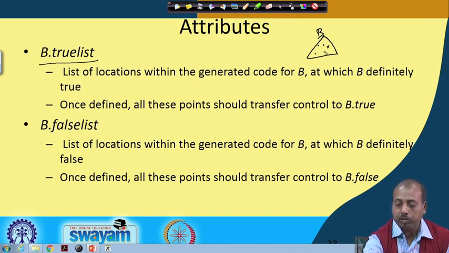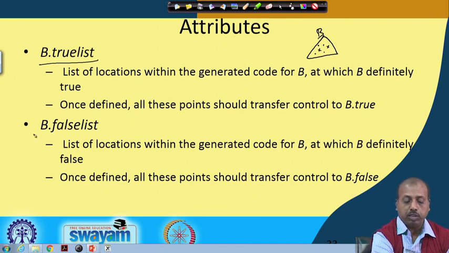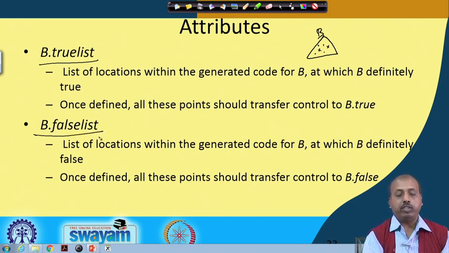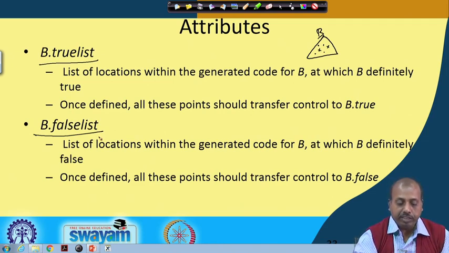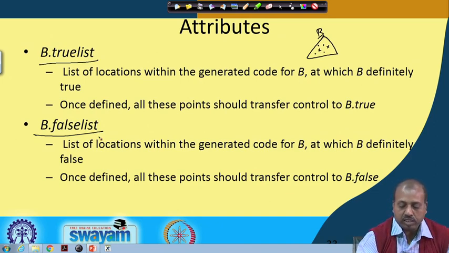Similarly, there may be a few locations where b is definitely false. So, they are put onto the list b.falselist. In b.truelist, once defined, all these points should transfer control to b.true. When I am generating the parse tree for b, at that time I do not know what b.true and b.false targets are, but after some time they will become defined.